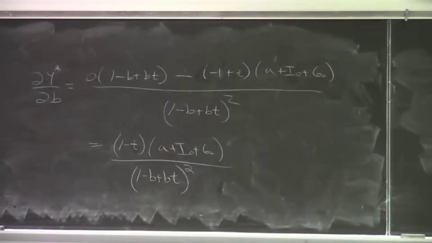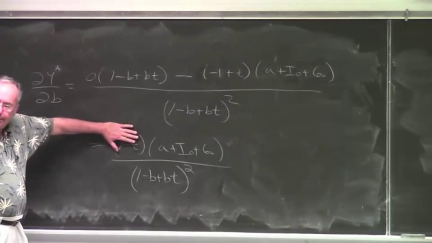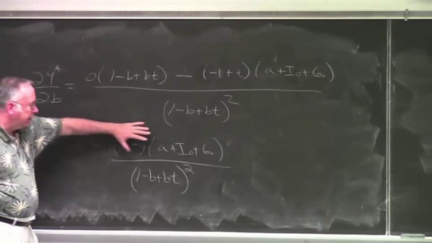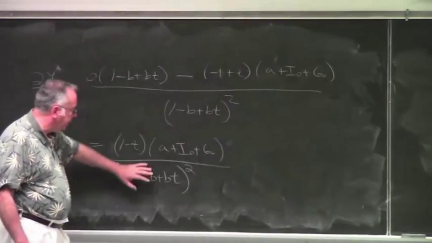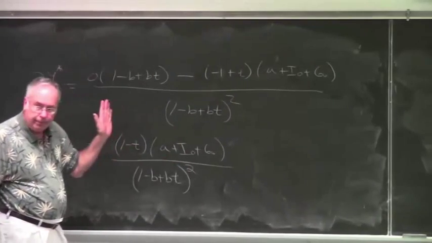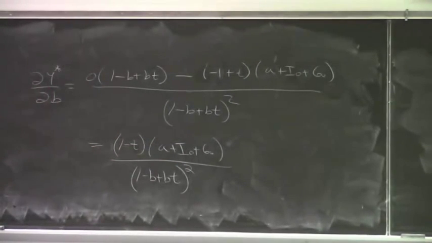And what do we know about the sign of this partial derivative? Anybody? It's got to be positive. Because 1 minus t has to be positive. T is the tax rate. All this is positive, and this is positive, and it's squared. So this has to be positive.